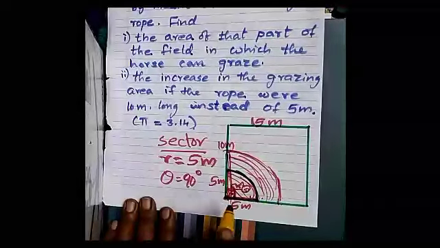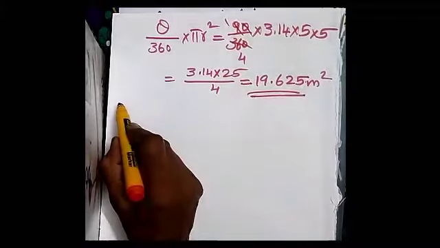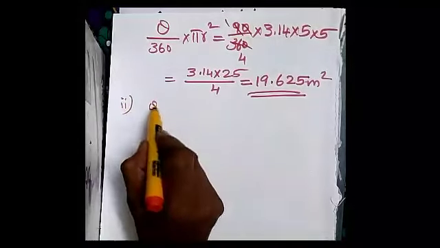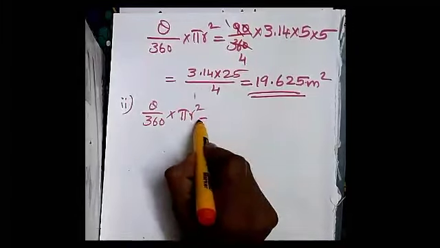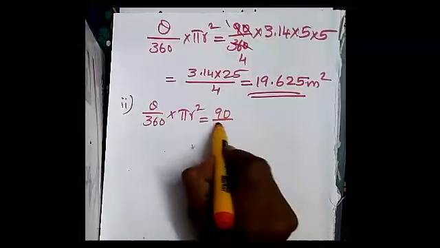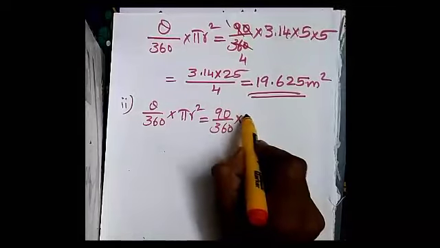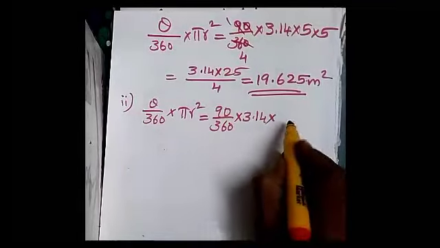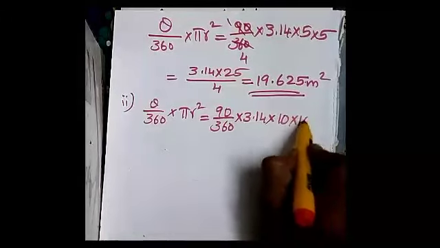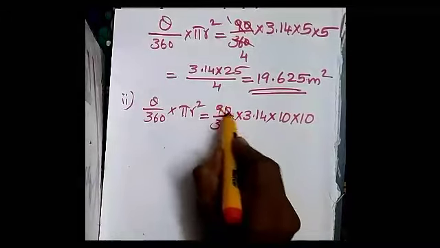And so the new area we are going to find. So the same formula again. What's the formula? Theta by 360 into pi r square. And theta the same, 90 by 360 into 3.14 into r square. Here the length of the rope is 10, so 10 into 10. Here also we can cancel the common factors.